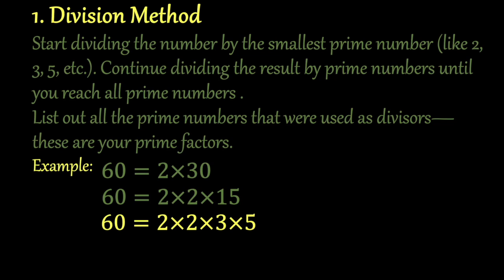Therefore, 60 is 2 multiplied by 2 multiplied by 3 multiplied by 5, and 2, 2, 3 and 5 are prime numbers. Further, 3 and 5 cannot be divided because they are prime numbers. Therefore, 2, 2, 3 and 5 are the prime factors of 60.